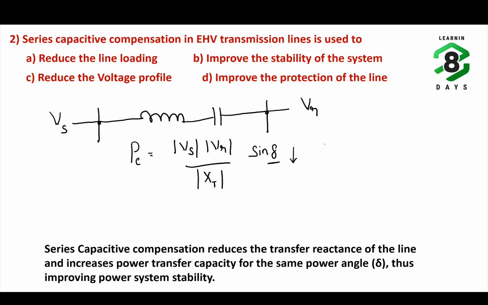So by series capacitive compensation, we can transfer the same amount of power to the receiving end at a lower delta value. Lesser is the delta value, greater is the stability of the power system. So series capacitive compensation will improve the stability of the power system.